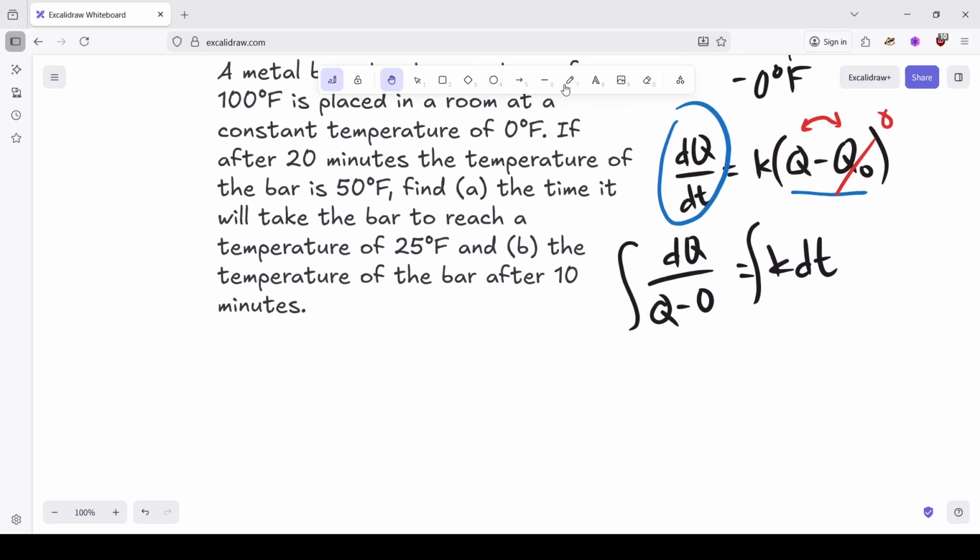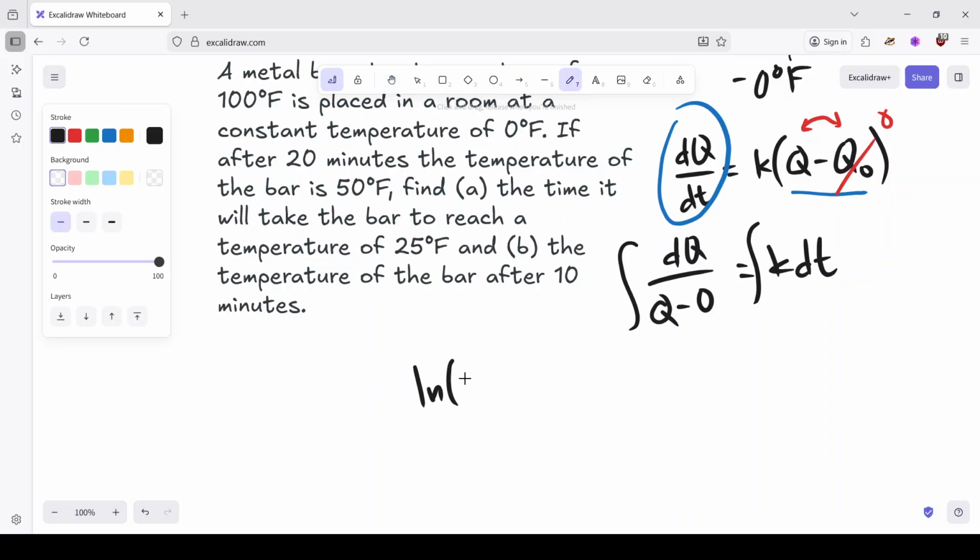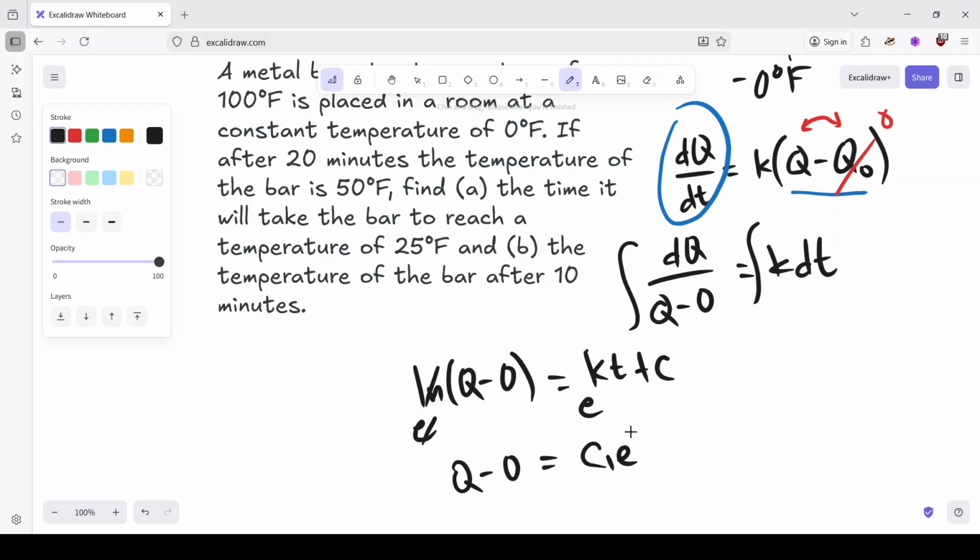So our working equation will be, I will write this in the center, ln of Q minus 0 equals kt plus c. Then remove ln by making this the exponent of e. So Q minus 0 is equal to C1 e raised to kt.